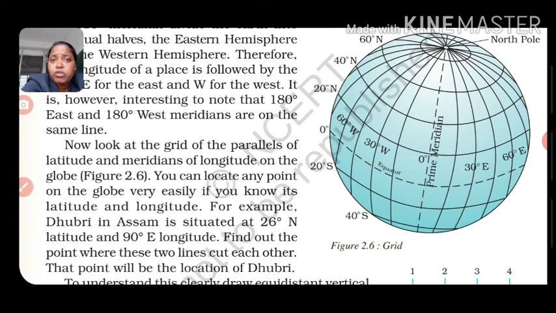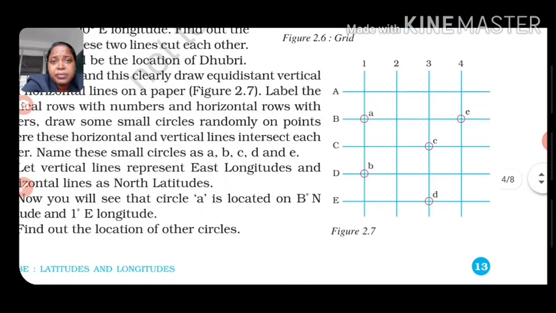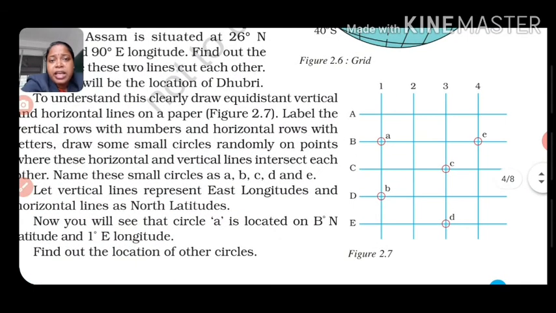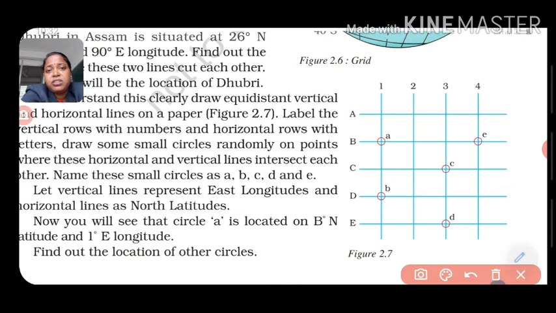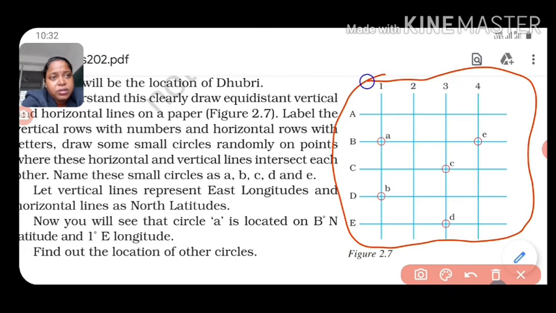So how will the grids look? It should look like this, right? Like this we can have grids on our paper, right? See this one. These are the grids. If we put a globe on a plain paper, it will look like this only, right?